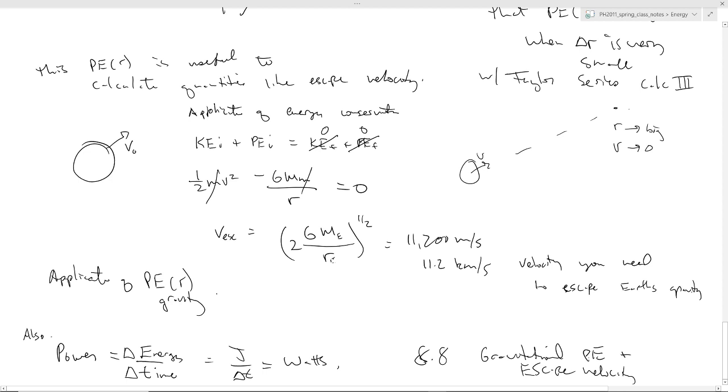Yeah, so the gravitational potential energy and escape velocity is 8.7, and then section 8.8 is power. The power piece is kind of incongruous, but it's a good thing for you to know about.